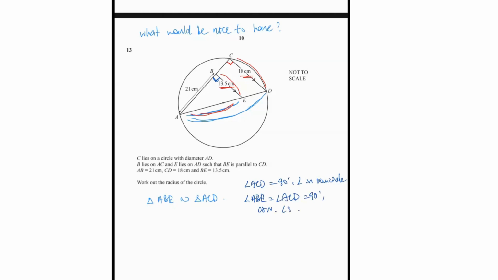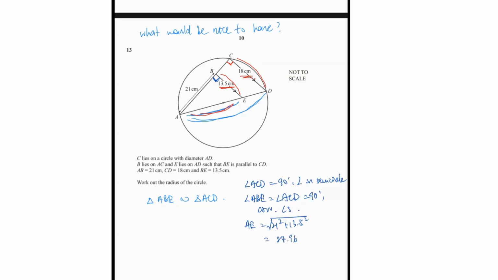Then I can use Pythagoras' theorem to figure out AE. AE is the square root of 21 squared plus 13.5 squared. I need my calculator. 24.96. I like to keep one more SF.